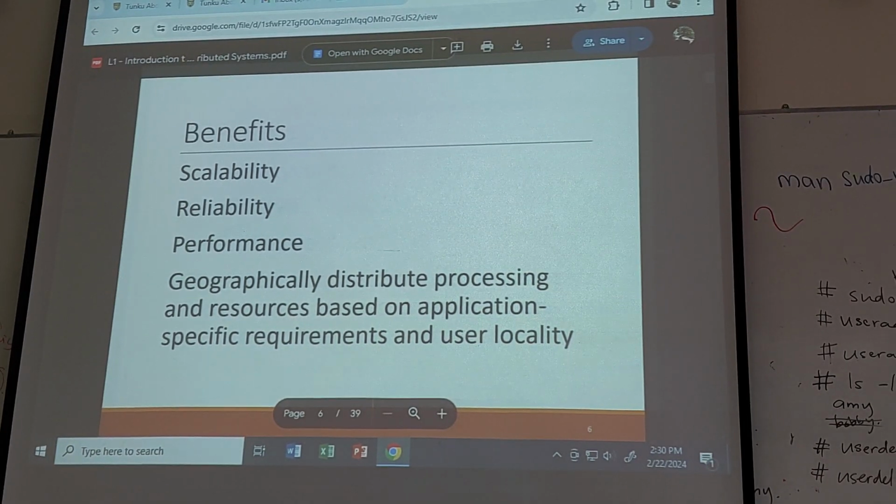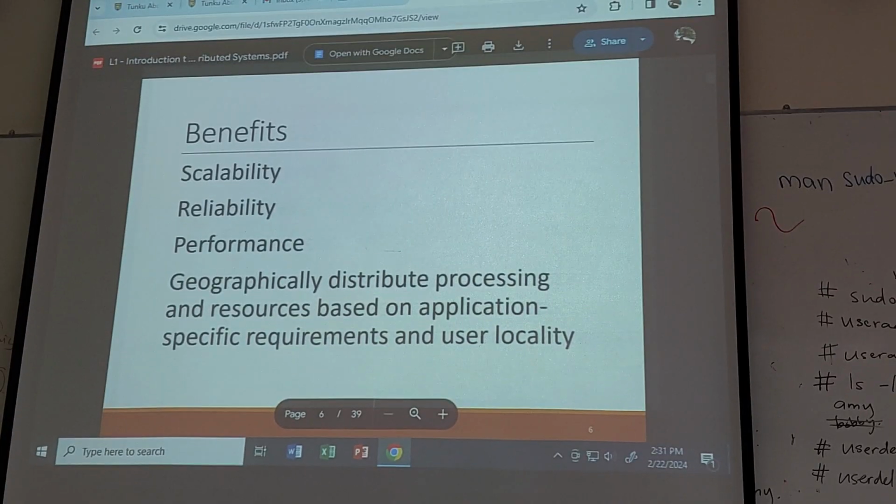Now, if you have one computer serving 1 billion users, for example, at the same time, most probably you cannot give the answer in a split second, even though your processor is running at gigahertz. You have multiple cores, but I'm sure that you're not able to serve all 1 billion users' requests at the same time.